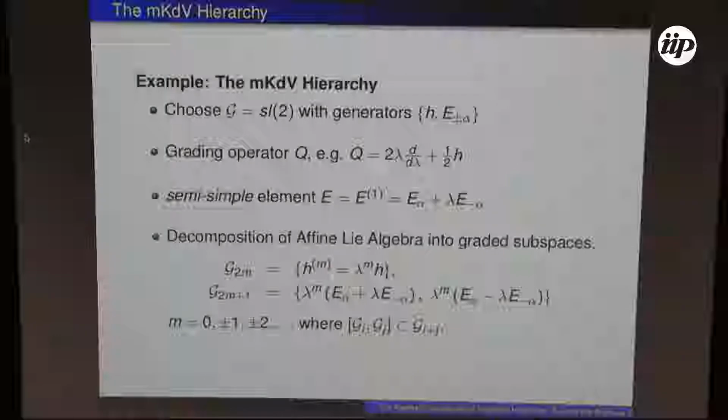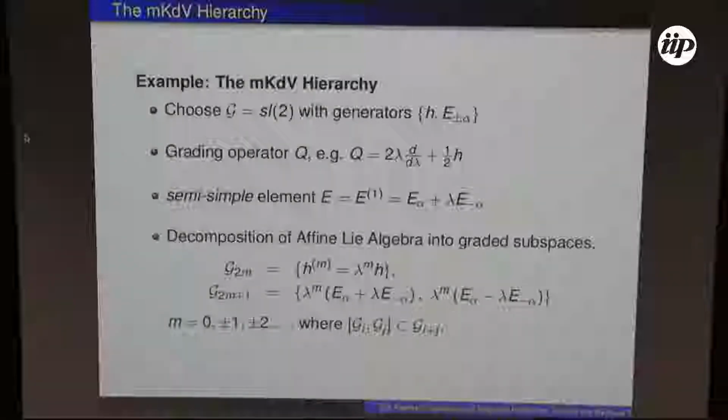So you have grade 2m plus 1. And also for the E minus alpha, you have an extra lambda, so you have twice m plus 1, which is 2m plus 2 minus 1, which is the alpha with the opposite sign. So in this choice of gradation, the algebra decomposes into even and odd subspaces like what I am showing here.